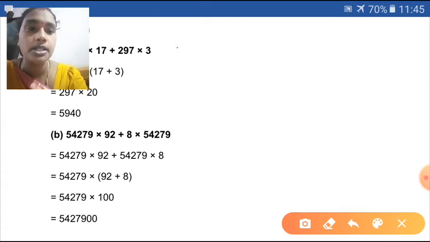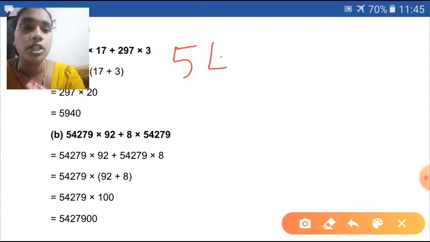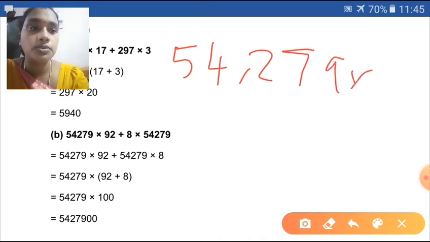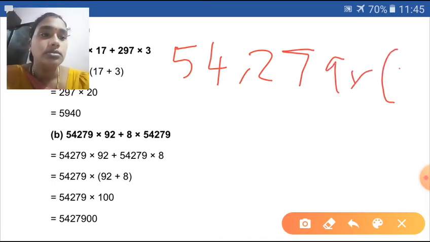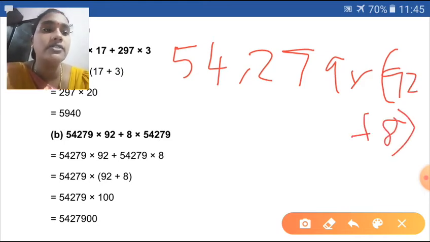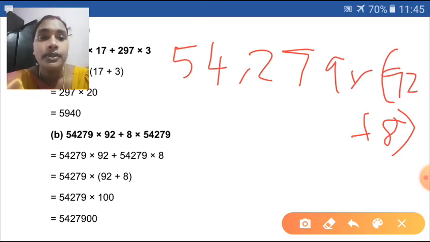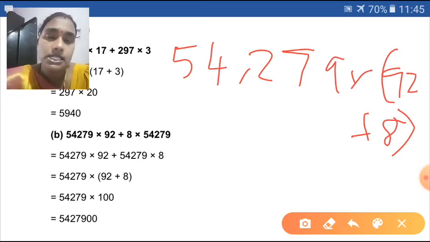The common number is 54,279 into 92 plus 8. So 92 plus 8 will give you 100, right? I told you, when you multiply a number in terms of zeros, it will be easy.